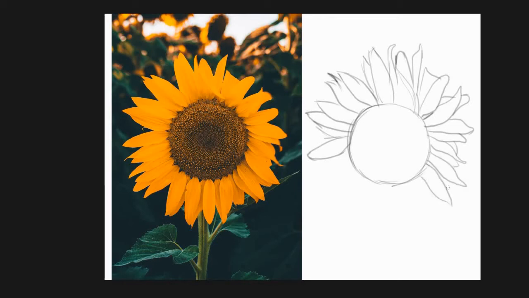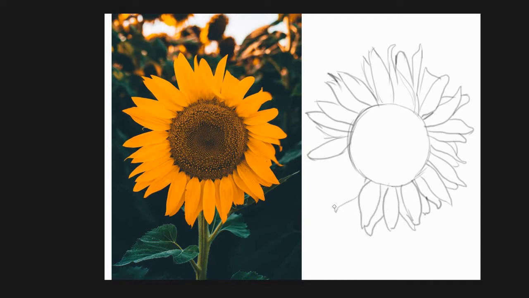The thing that you need to understand about flowers is that it's organic. So random shapes really help, and when it comes to using pictures, don't worry if you can't get the exact shape, because that's not the point of a reference.